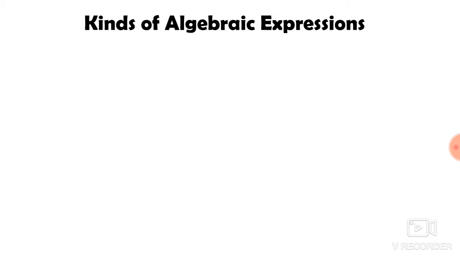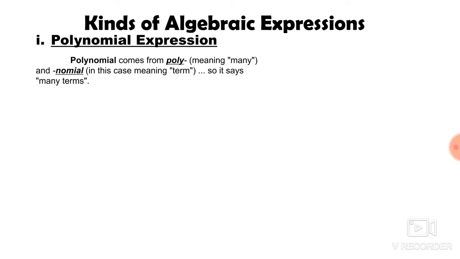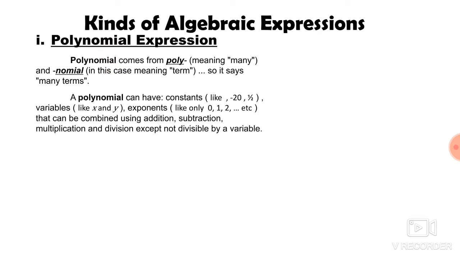Kinds of algebraic expression. First one is polynomial expression. Polynomial comes from the word poly, meaning many, and nomial in this case meaning terms. So it says many terms. If an algebraic expression contains many terms, it becomes a polynomial.